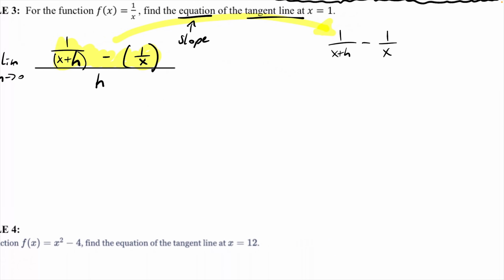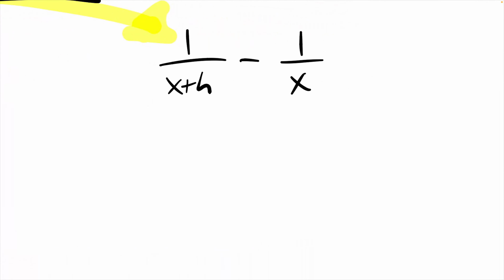Minus 1 over x. We have to subtract those two guys. Common denominators. So this one has a binomial, this one has a monomial there. So the first guy, x plus h, is missing just an x. I need an x. And the second guy is missing the binomial.